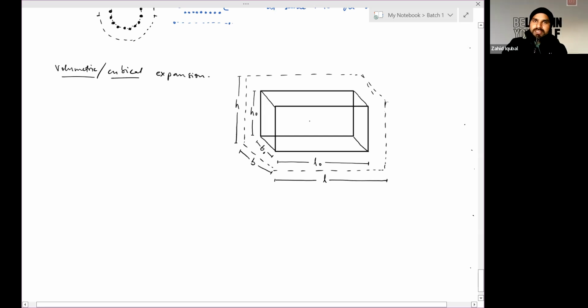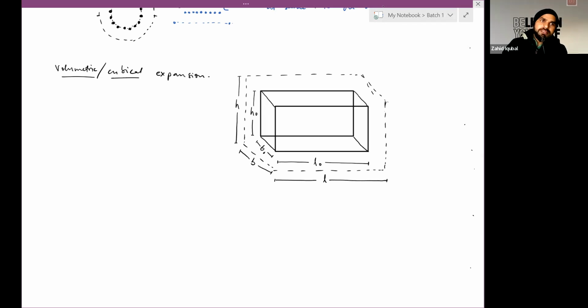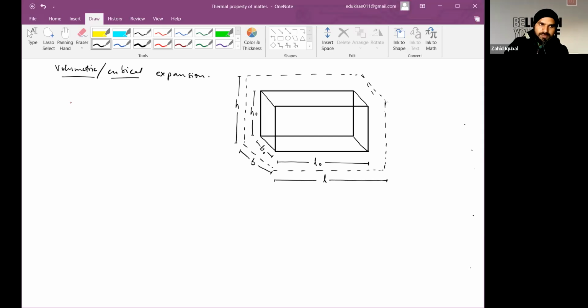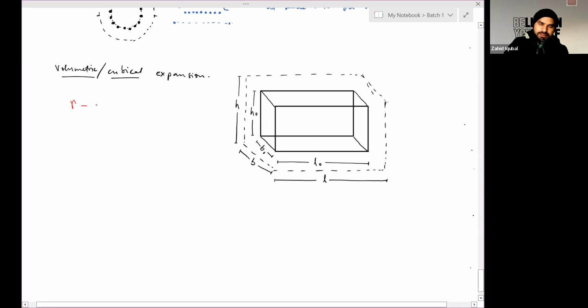Now, related to this expansion, we may define another term that is called gamma. So gamma in this part is called coefficient of volumetric expansion.